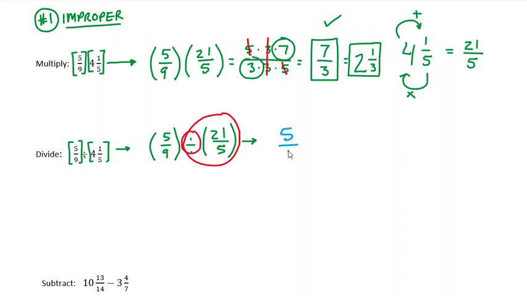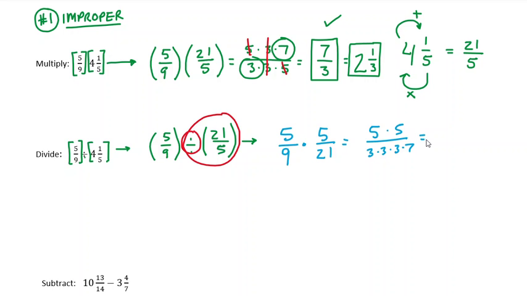So 5 ninths divided by 21 fifths is the same as 5 ninths times 5 21s, 5 over 21. Okay, and then I can think about the factors. Well, 5 times 5 on top, and 3 times 3 is 9, and 3 times 7 is 21.